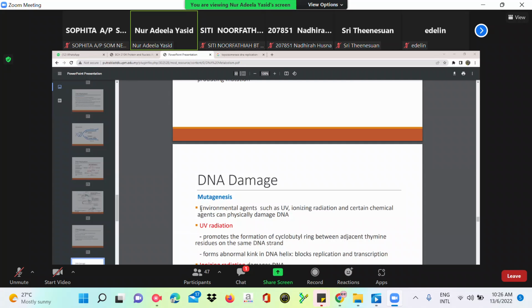They may lead to damage to DNA. So how can these environmental factors damage DNA?